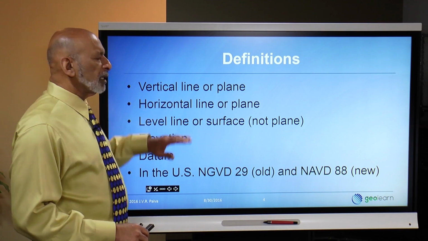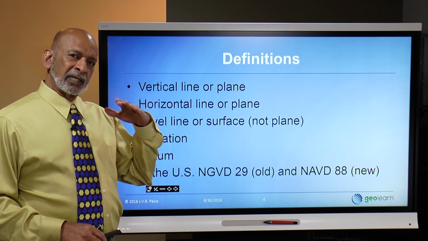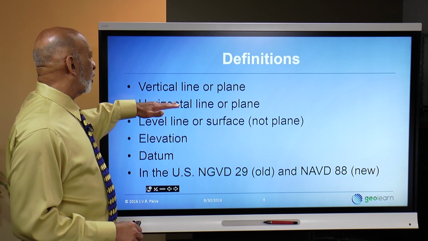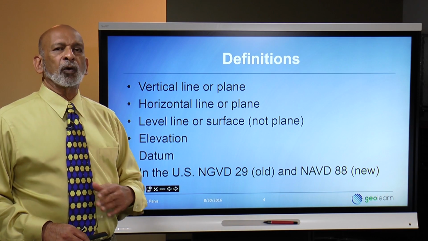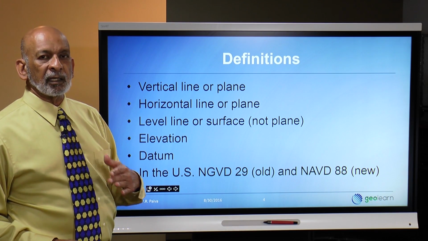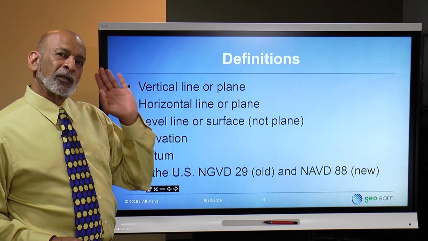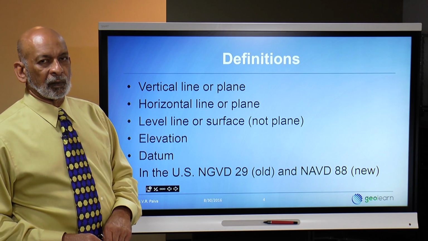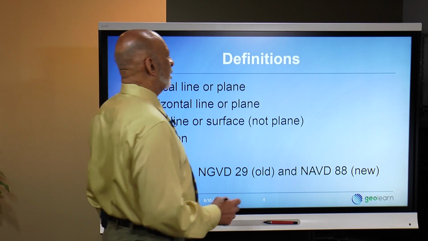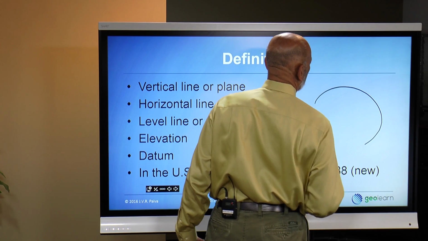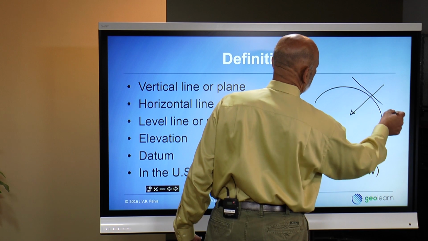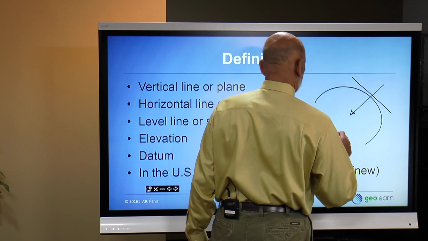The horizontal line or plane is exactly perpendicular to the vertical, which means to discuss a horizontal line or horizontal plane, we have to first talk about at which point on the Earth we are talking about. So if you look at the Earth, and we have this vertical, then the horizontal there would look like that.